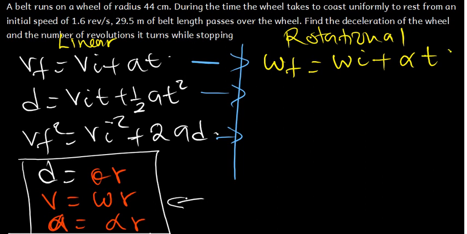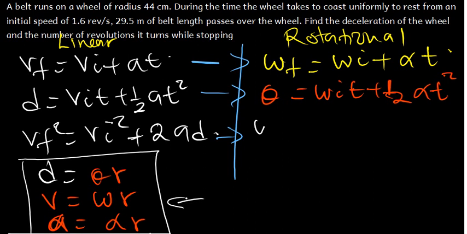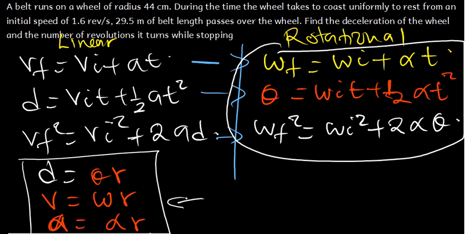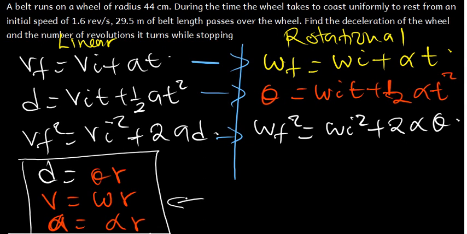T doesn't change. Next, where there is d, I'm going to put theta, which is in rad. So I'll have theta equals omega initial times t plus half angular acceleration times t squared. Next, I'll have omega final squared equals omega initial squared plus 2 times angular acceleration times angular displacement. So these three are the formulas which we need to know under rotational motion, and those are the formulas for linear motion, or translational motion.